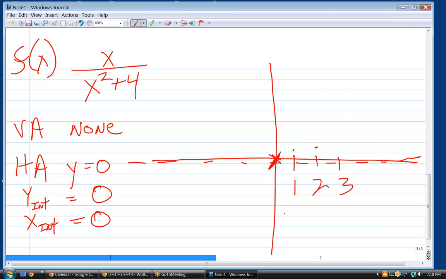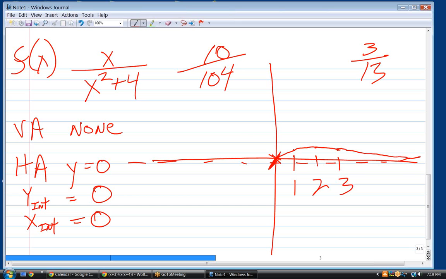When x is 3, y is 3/13, which is slightly less than a fourth. And as x gets really big, for instance 10, then it would be 10 over 104, or like a tenth. So we can kind of see what this thing is doing here. As x gets big, it's going to approach that horizontal asymptote as x goes to positive infinity.